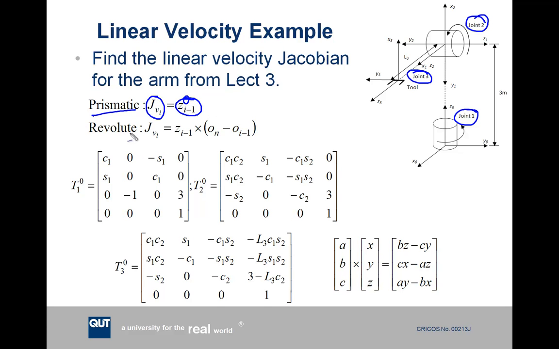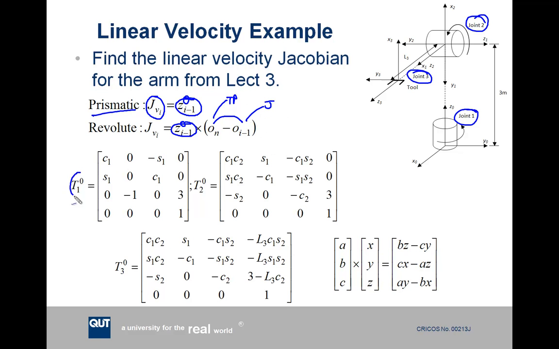And for the Revolute joints, it's the z I minus 1 axis as defined in reference frame 0, cross product the difference between the tool point origin and the joint origin.